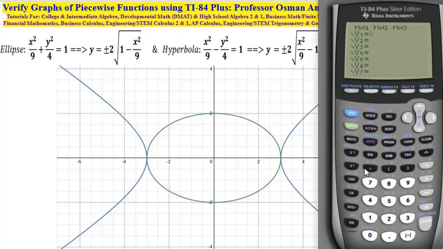So for the ellipse, the top part is 2 square root of 1 minus x squared over 9.